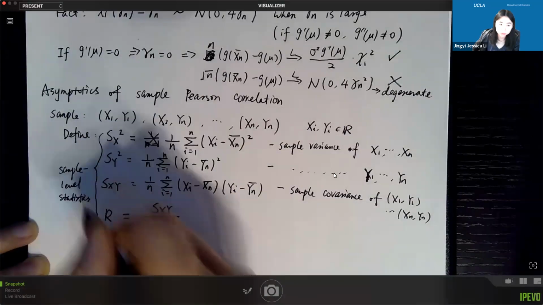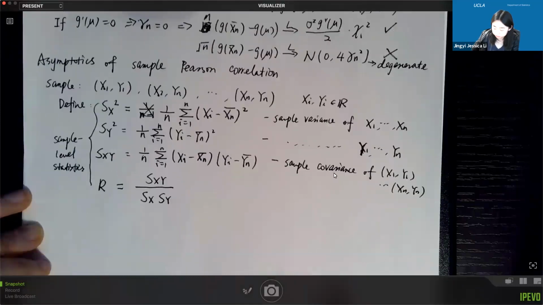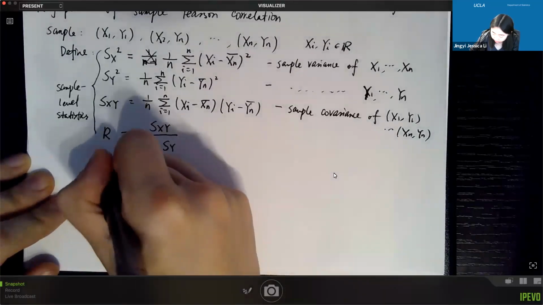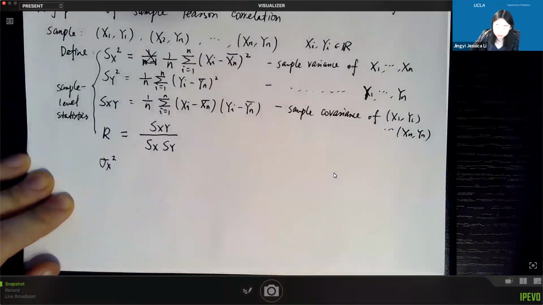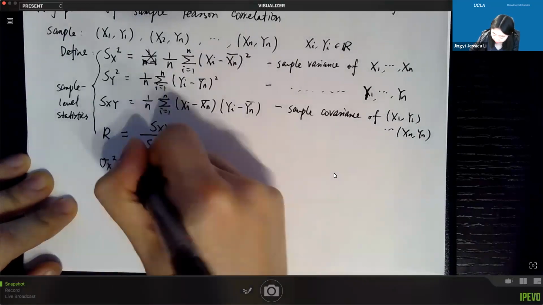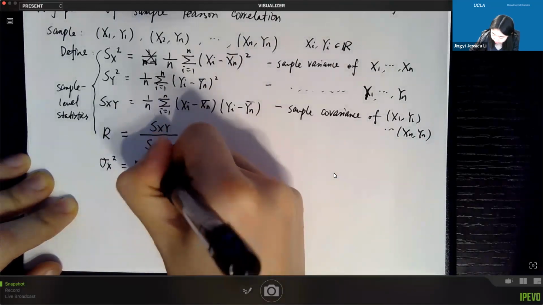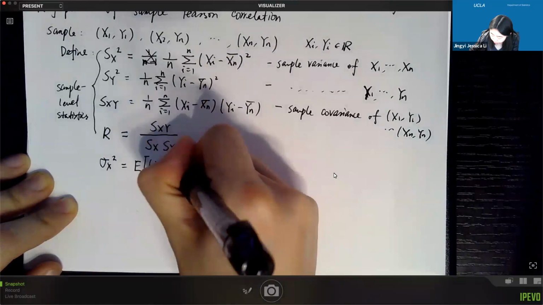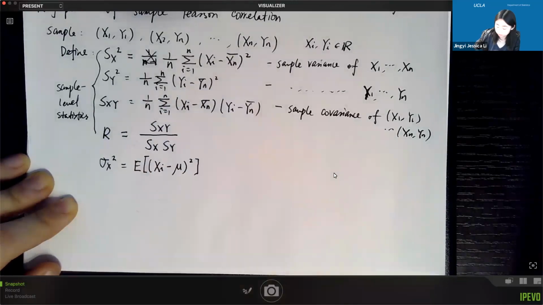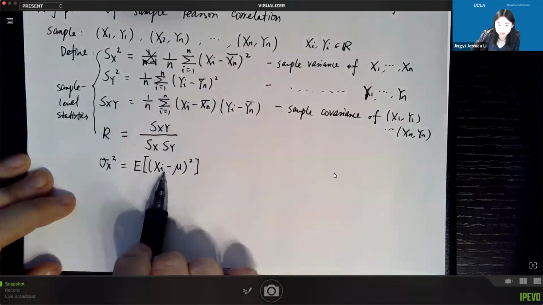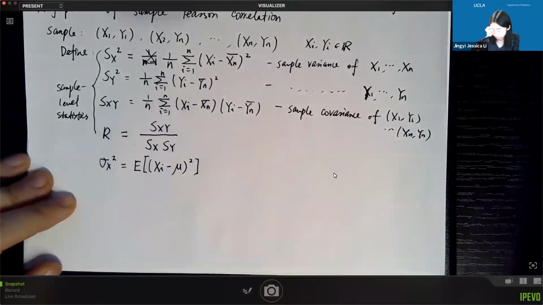And correspondingly, we can have their population version. The first notation we call sigma x squared, defined as the expectation of xi minus mu x, squared. Because the xi's are IID, I can replace xi by x1. It doesn't change the meaning.